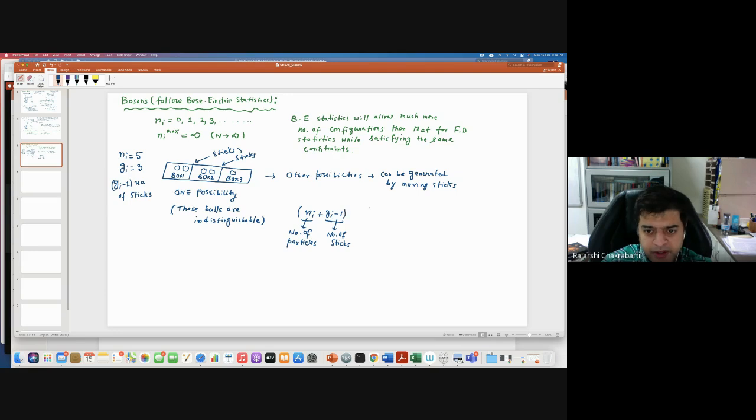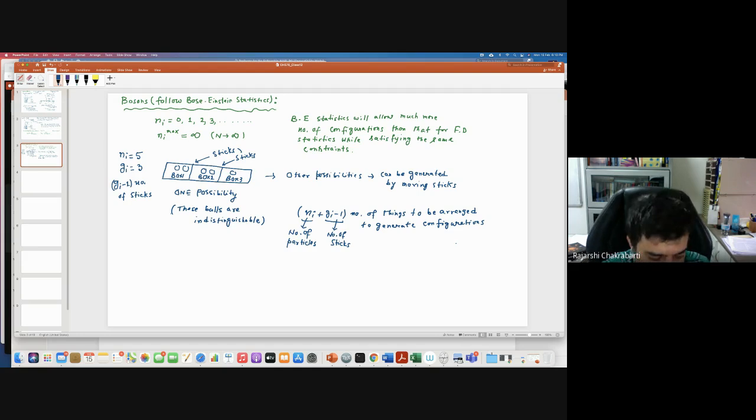So this is the total number of things. Arrangement means you can change the number of particles in general, and you can change the number of sticks, the things to be arranged, to generate configurations while arranging a given ni among themselves.